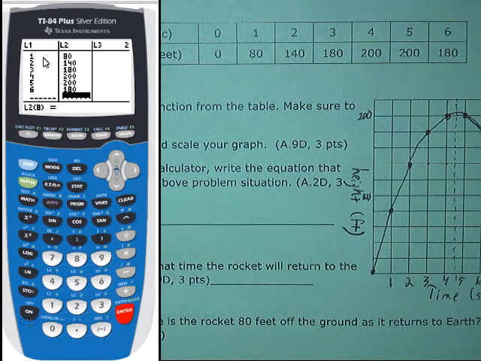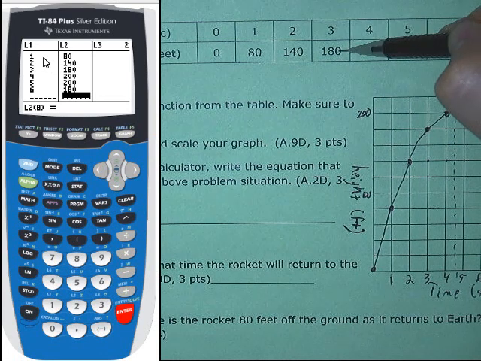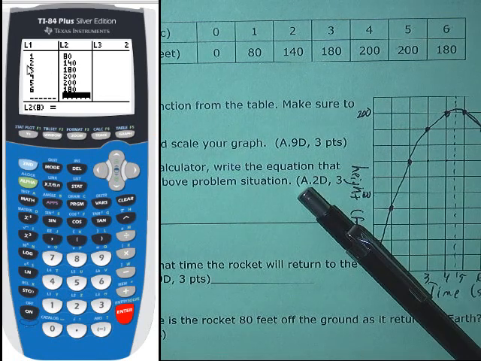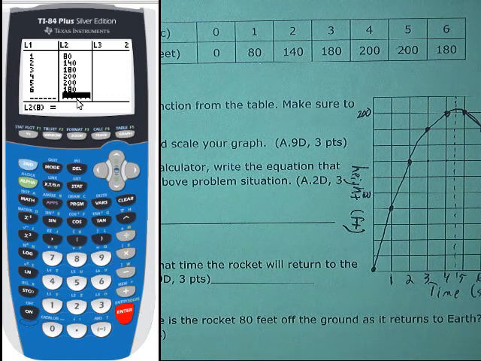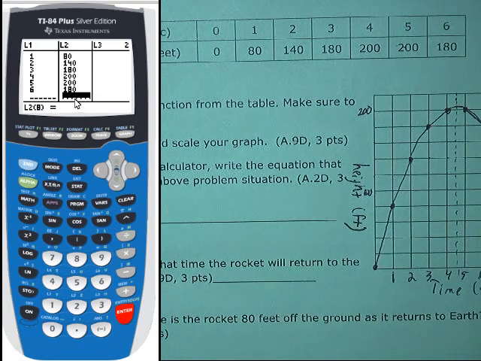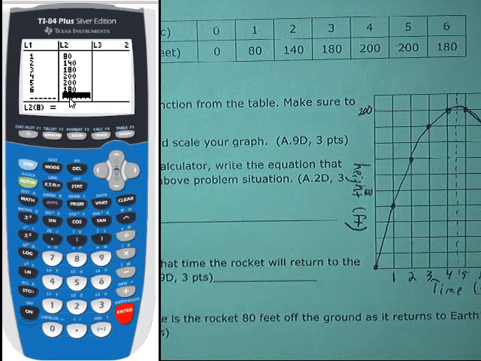Here my 3 and my 180 were matched up, and here the 3 and the 180 have to be matched up as well. Also, these two lists have to be the exact same length. If one is longer than the other, you're going to get an error later on that says dim mismatch, which means dimension mismatch. That means the dimensions of this list were longer than the dimensions of this one. So make sure that those two dotted lines are next to each other and you won't have that problem.